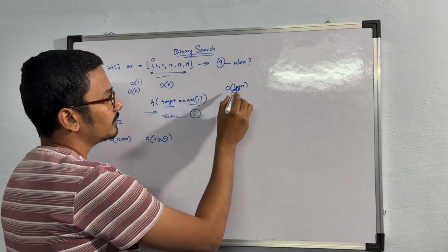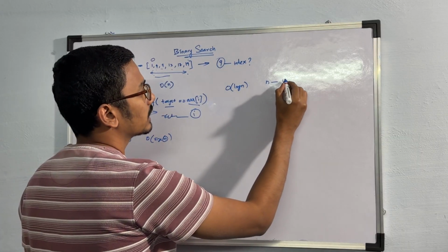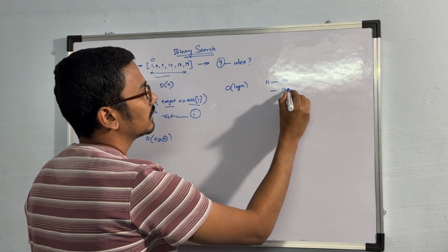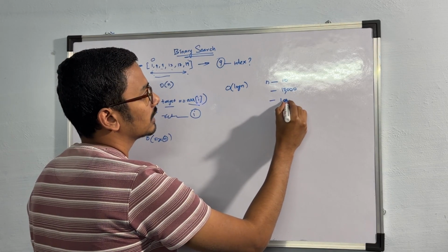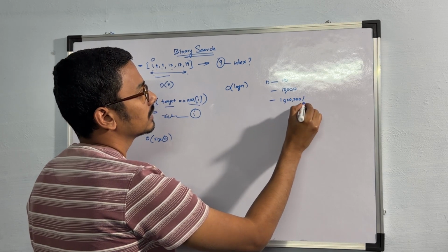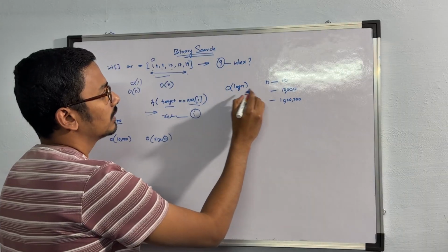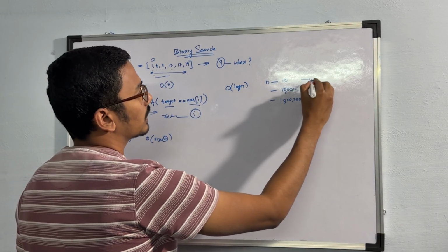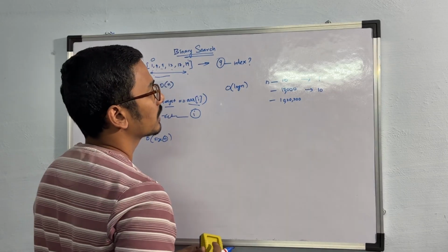Let's take a few examples for this n, like 10, 10,000 and 10 lakhs. What log n means here is, log n means 1 here, log n means 10 here. Sorry, my bad.